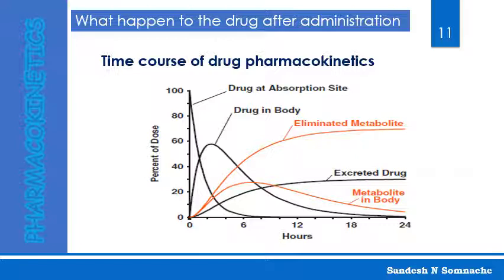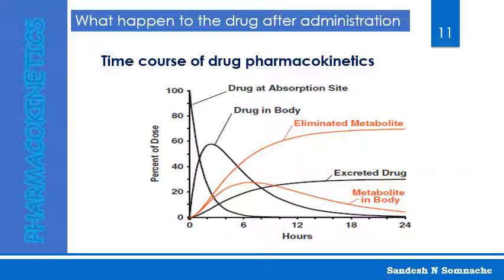Then the second one is drug in body, which shows an initial increase and then a decrease in the amount of drug in the body.